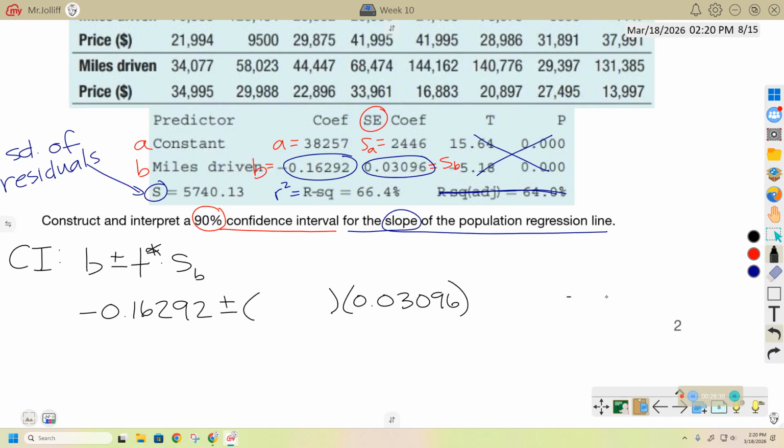So we're going to draw our student t-distribution. Nice, pretty symmetric, roughly bell-shaped, 0 in the middle, 3 standard deviations out on either side. And then we are going to put our confidence level in the middle of that curve. I want to block off the middle 90%.